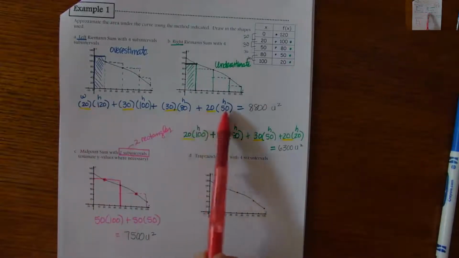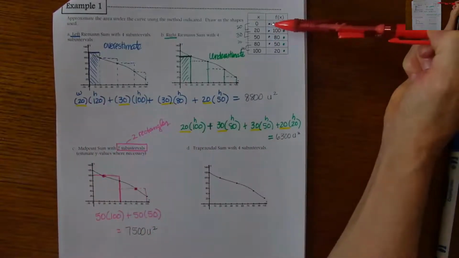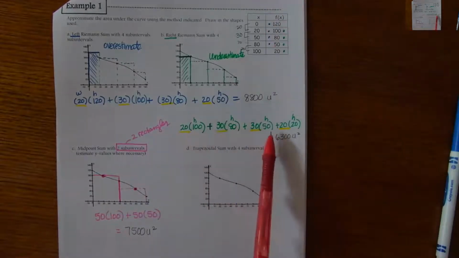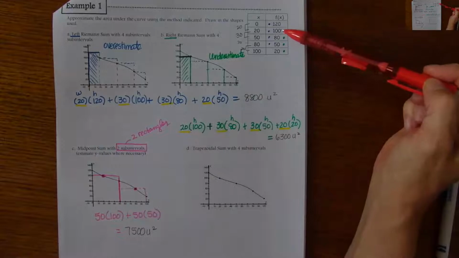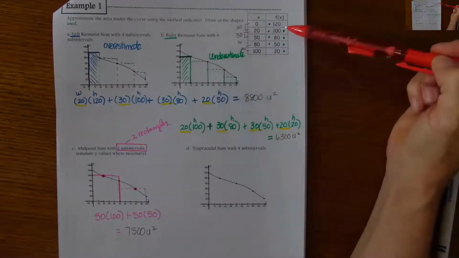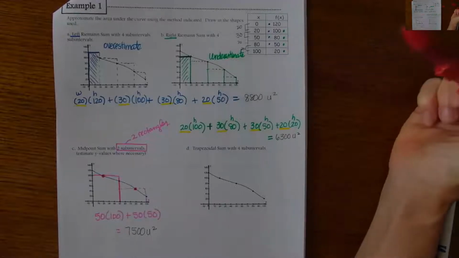The left Riemann sum is going to start with the very first Y, and you're going to use every Y. The right Riemann sum is not going to use the first Y because it's using the right side. So you're just going to start one down and you go all the way to the end. You see how you could do that without having to draw this?